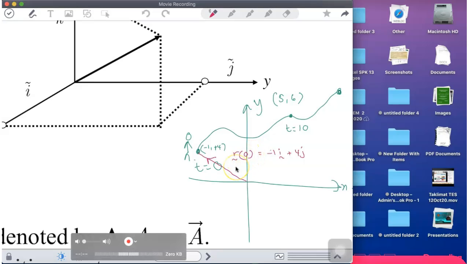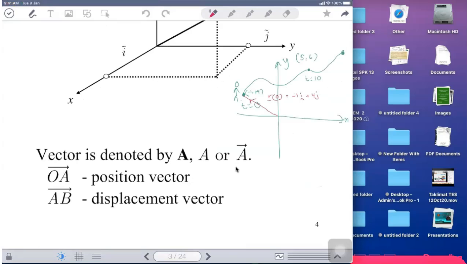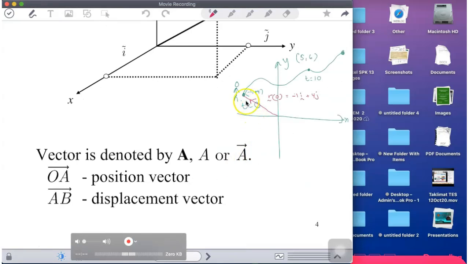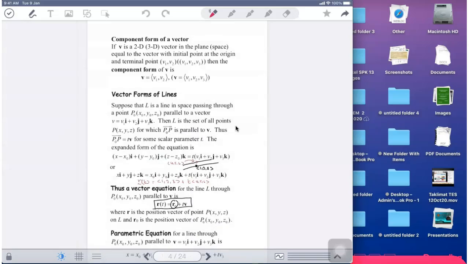So that is a position vector, for those who have forgotten. A displacement vector is if you move from this point to this point, and the displacement vector is the difference between the x component and the y component. Okay, so that is very basic. If you don't remember, just go googling, I'm sure there are many references out there.